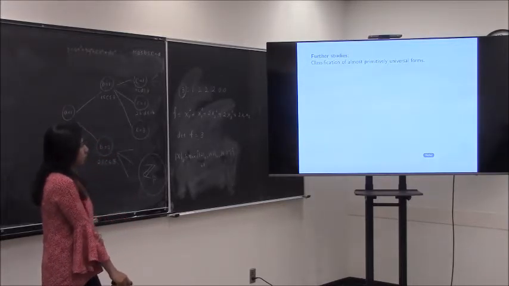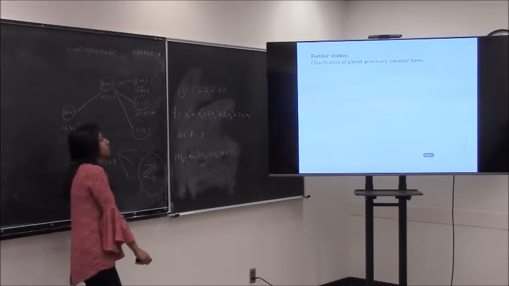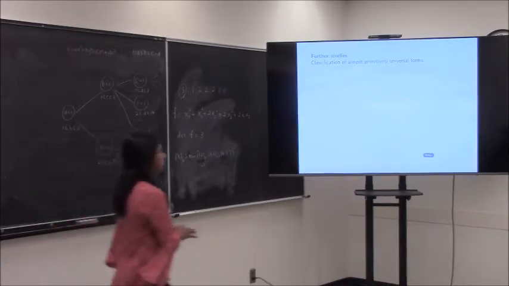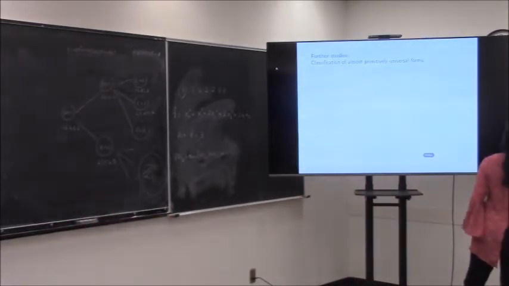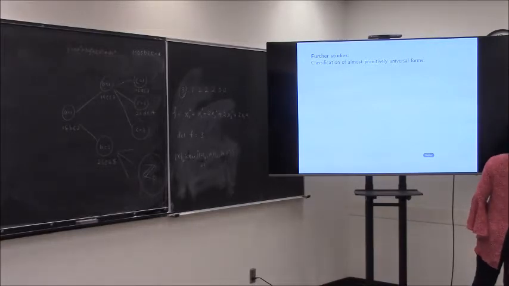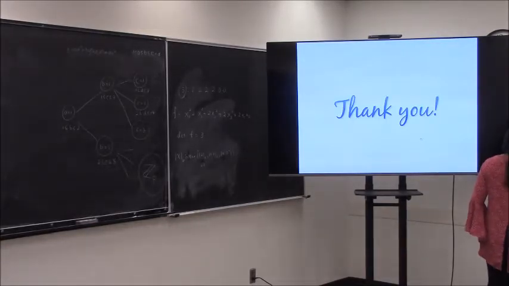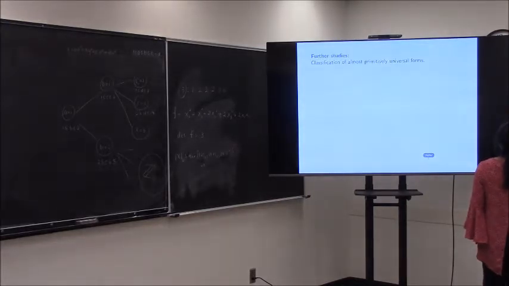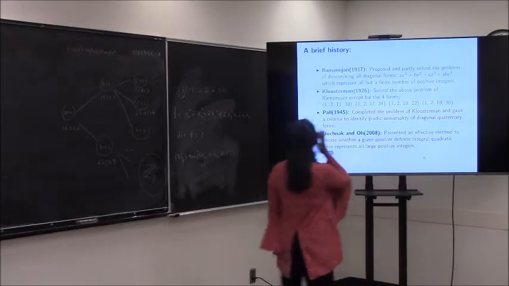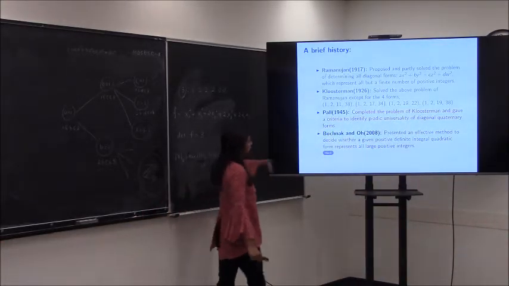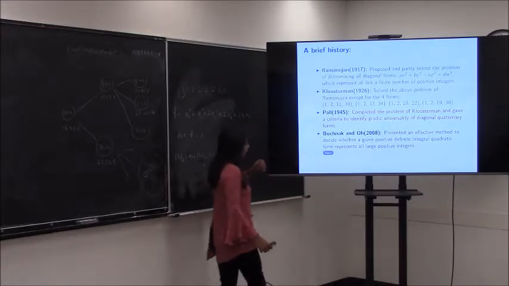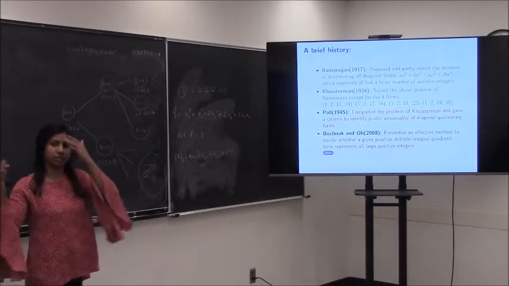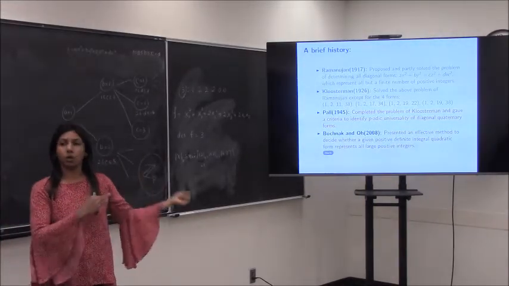We have further studies. We are going to classify almost primitively universal forms. If I go back to this one, I mentioned that these two results have identified a criterion and a method to check whether a given form is almost universal.